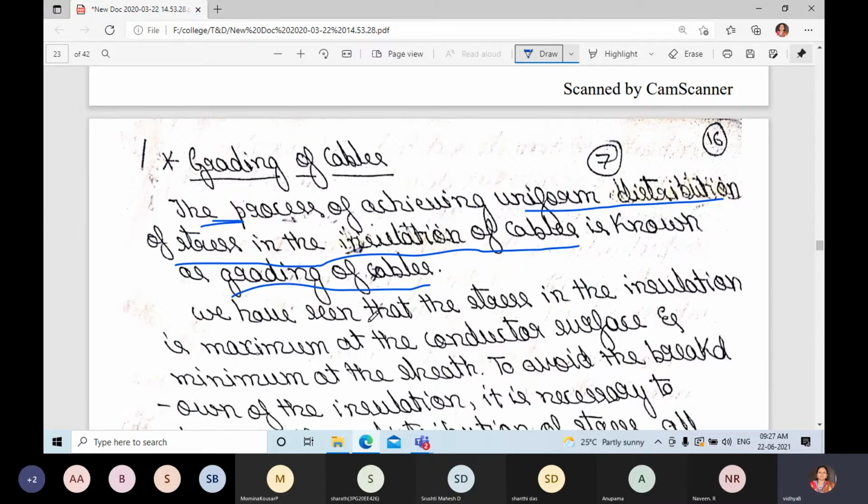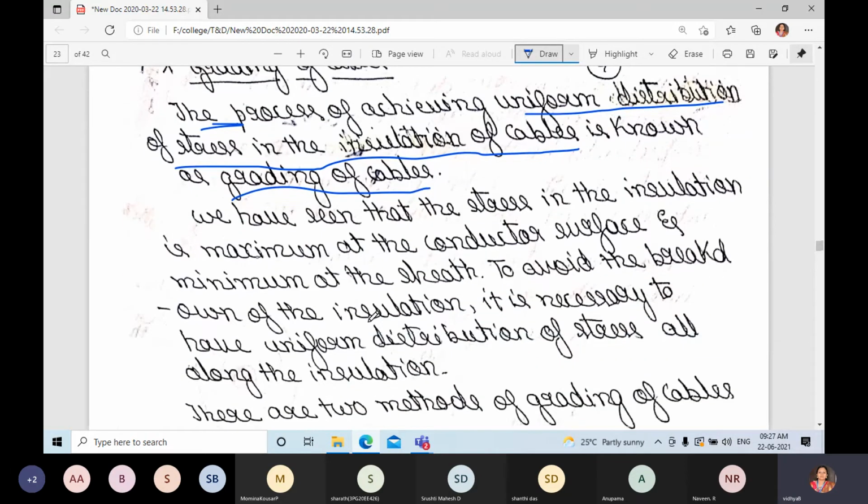We have seen that stress in the insulation is maximum at the conductor surface and minimum at the sheath.